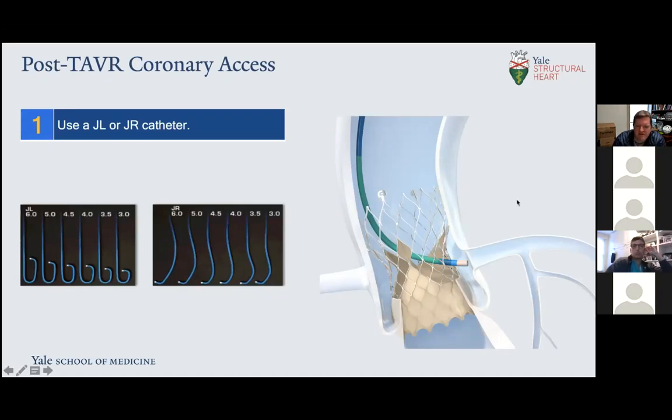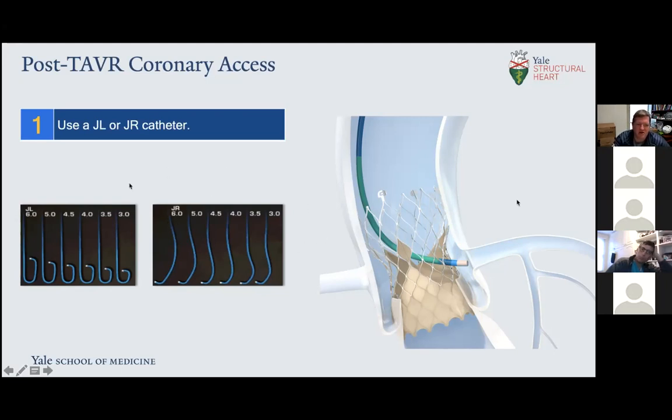You're not going to need other backup support, but what you are going to need to be able to do is come from above and try to come through the proper cell that's here. Because this valve almost makes the aorta smaller, it's compressing your catheter, and that's why we also want to think about downsizing.